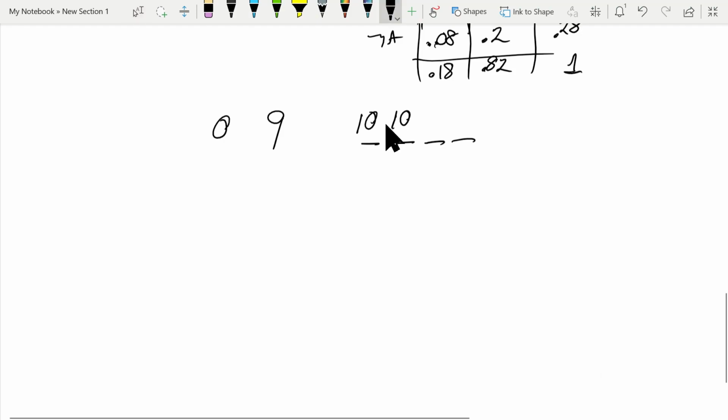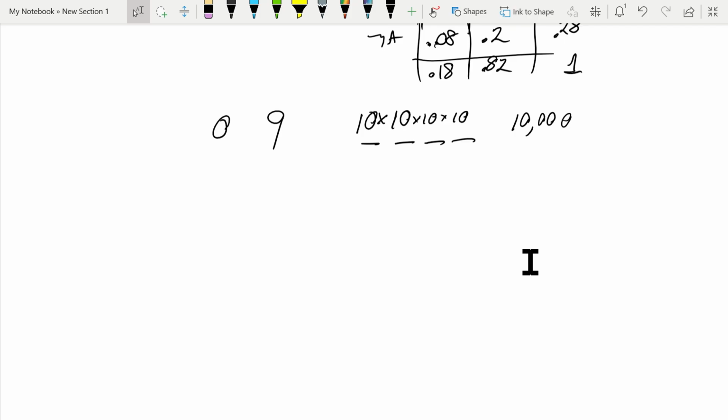We got 10 times 10. Next place, 10. So that's 10,000 different combinations of numbers to go on a license plate. There's more cars than that in Virginia.